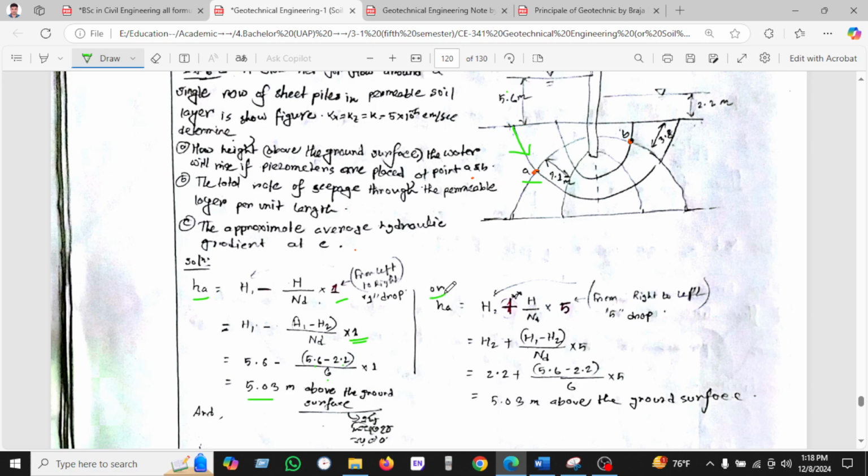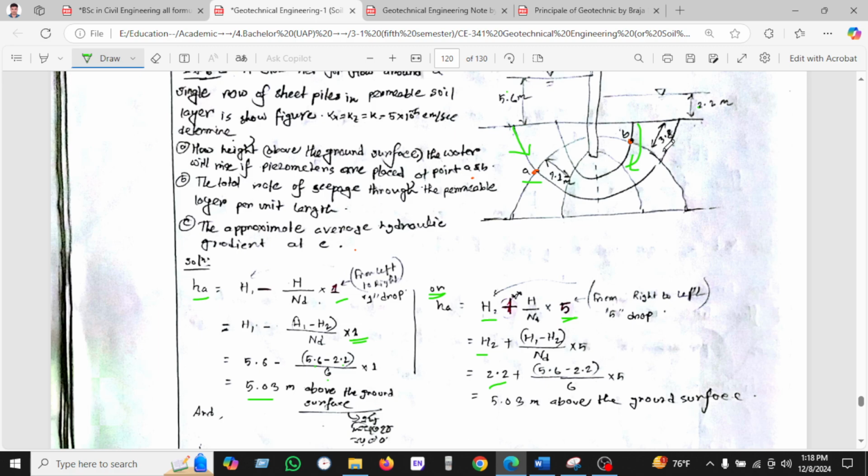On the other hand, we can do the same equation from the left side. This is H2, which is 2.2. But now we go from this point, H2 plus H times the number of drops, 5.6 minus 2.2 and times 5. Why do we multiply by 5? Because 1 2 3 4 5.